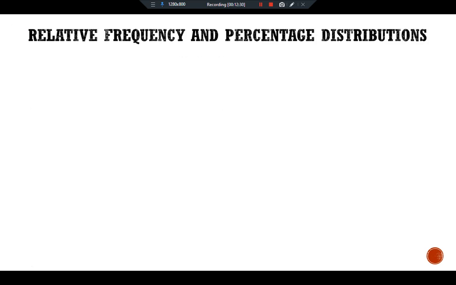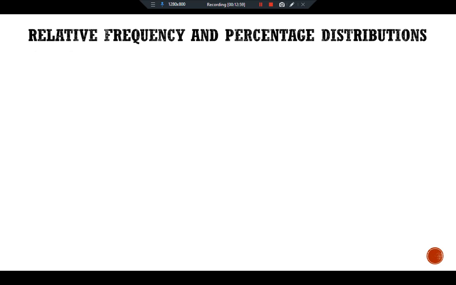So let's talk about the relative frequency and percentage distribution. The relative frequency of a category is obtained by dividing the frequency of that category by the sum of all frequencies. Thus the relative frequency shows what fractional part or proportion of the total frequency belongs to the corresponding category.